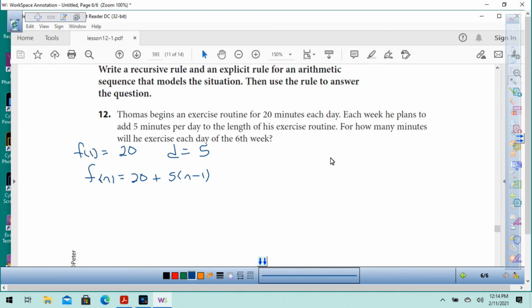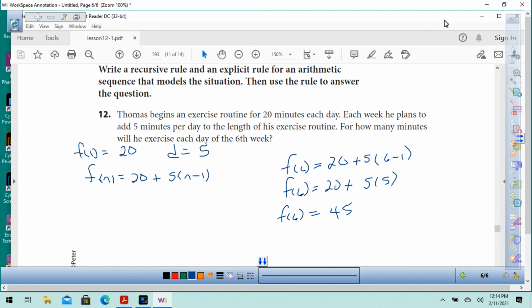All right, now we want to find how much he's going to work the 6th week. So we've got 20 plus 5 times 6 minus 1. So F of 6, that's 20 plus 5 times 5, which is 25, plus 20 is 45. So Thomas will exercise 45 minutes each day during the 6th week.